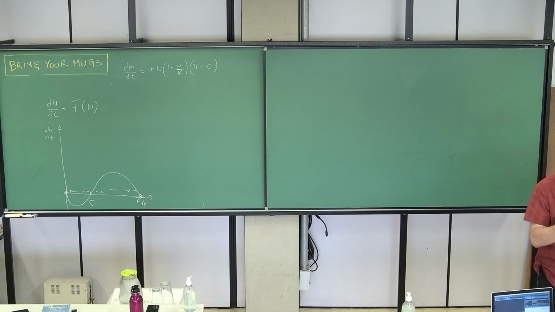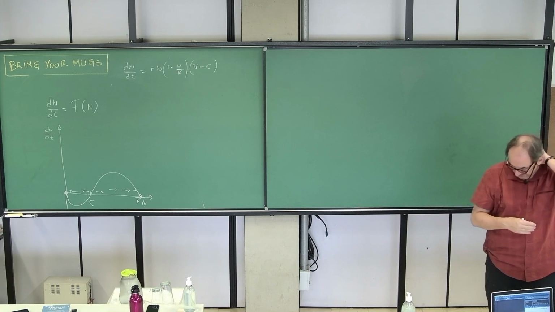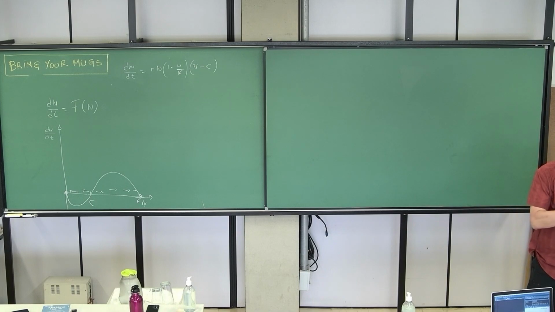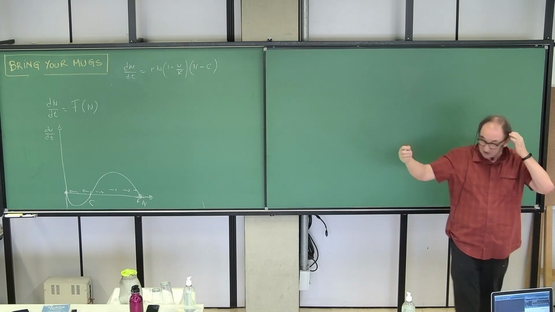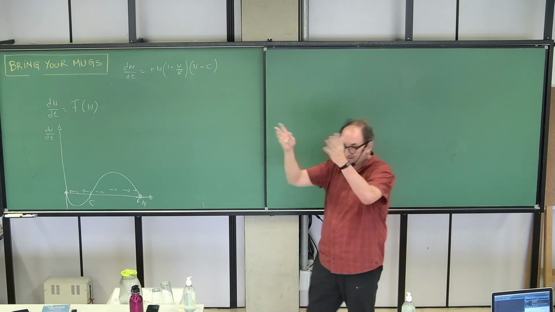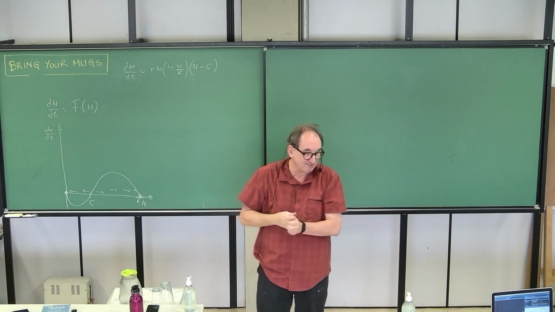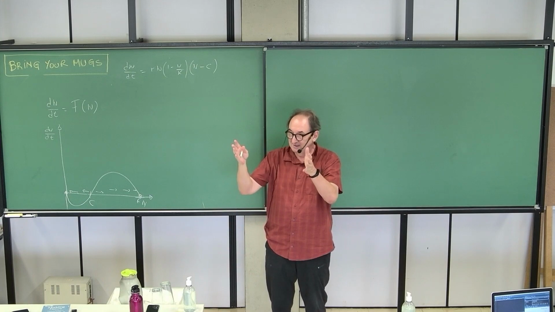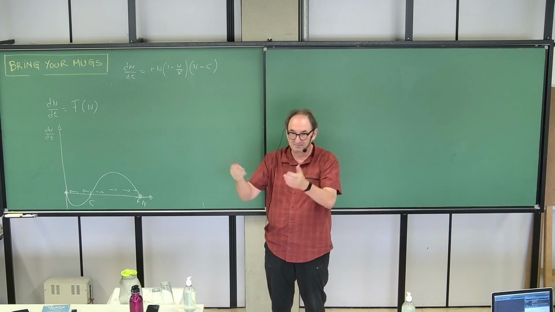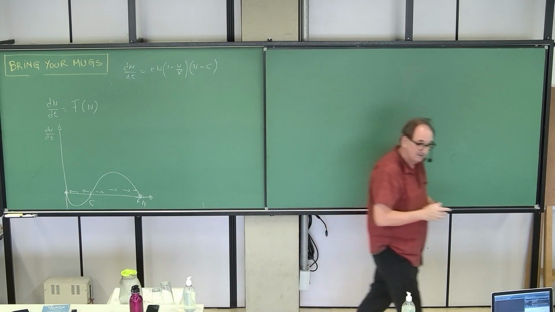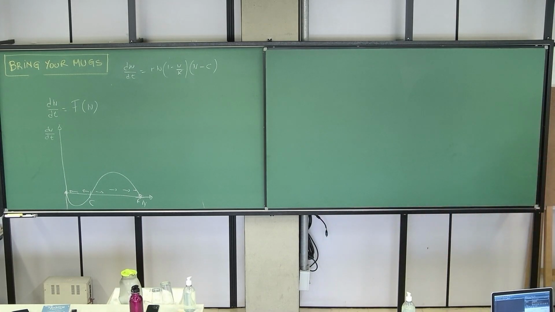The simplest model is that 0 is a fixed point, and then the full coverage, at a certain carrying capacity for the region, is another fixed point, which is stable.